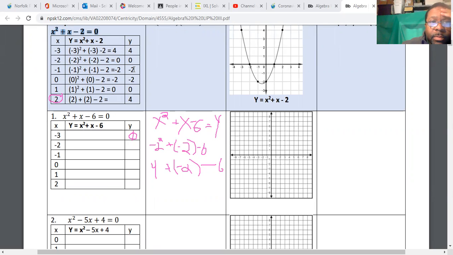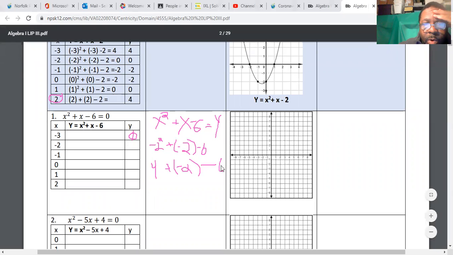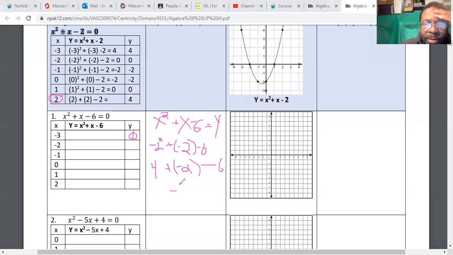So now we know that our y is negative 4. Negative 4 equals y.